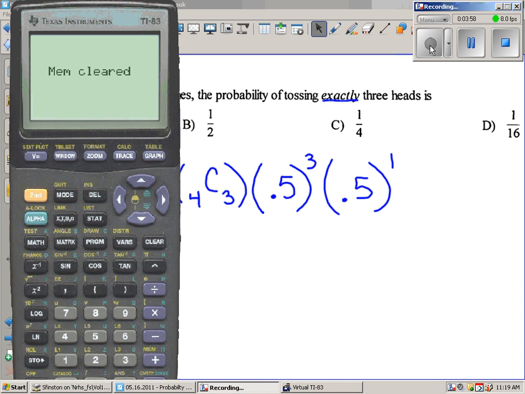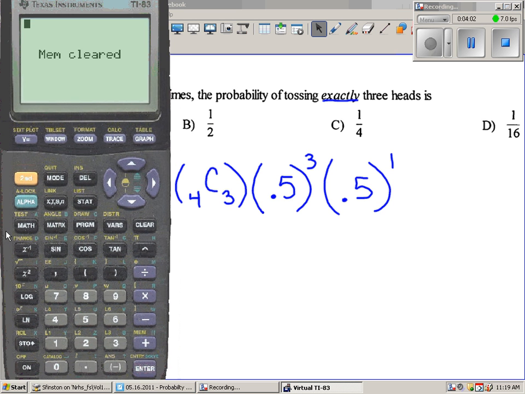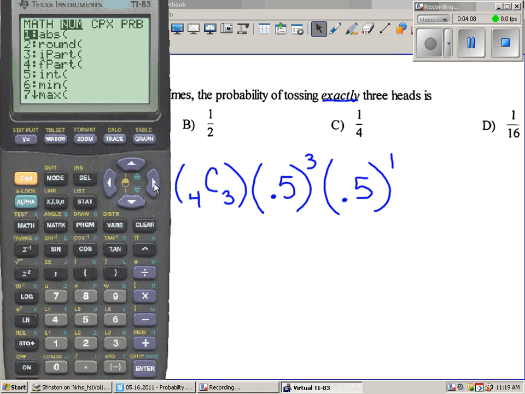So let me show you how to enter this into the calculator. Really easy. Parentheses, put a 4. Then hit the math button. Scroll over to probability, nCr, 3. And then just enter the rest. 0.5 raised to the third, 0.5 raised to the first.